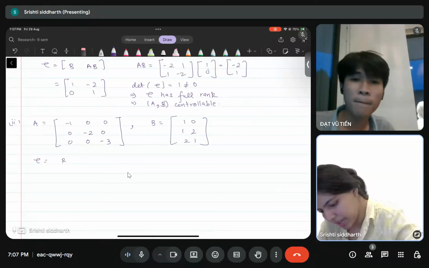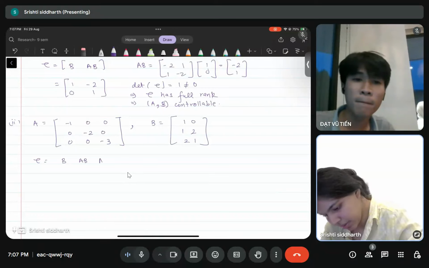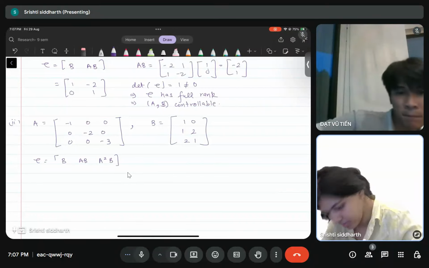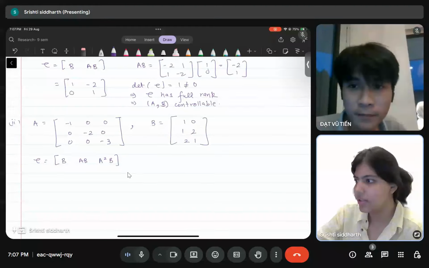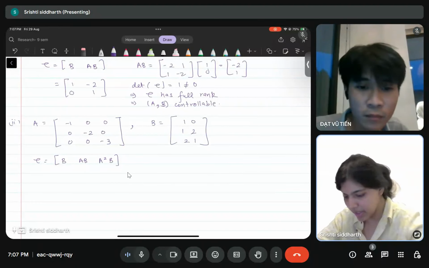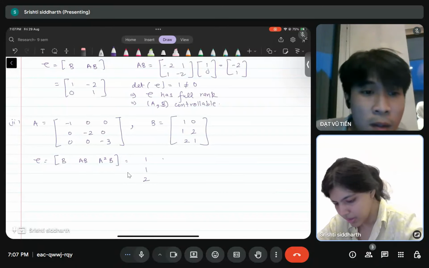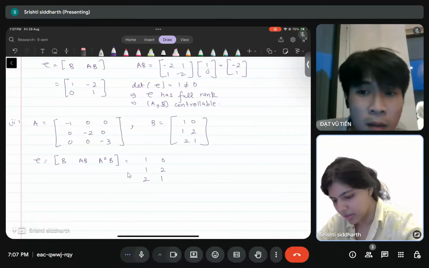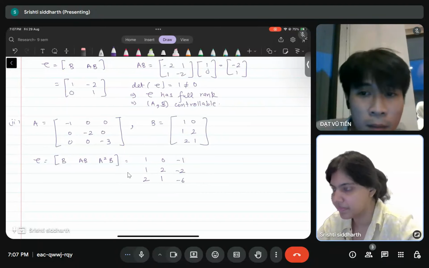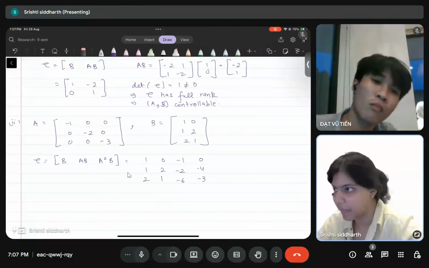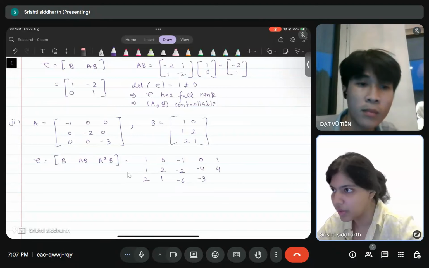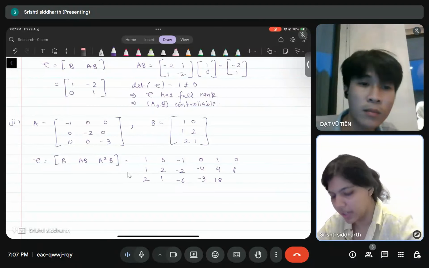So C in this case is going to be B, AB, and A squared B. I'll write this down directly. This comes out to be 1, 1, 2, 0, 2, 1, -1, -2, -6, 1, 4, 18, 0, 8, 9.